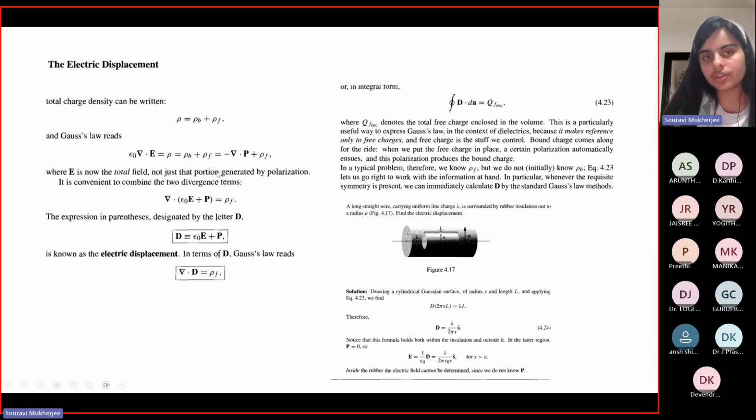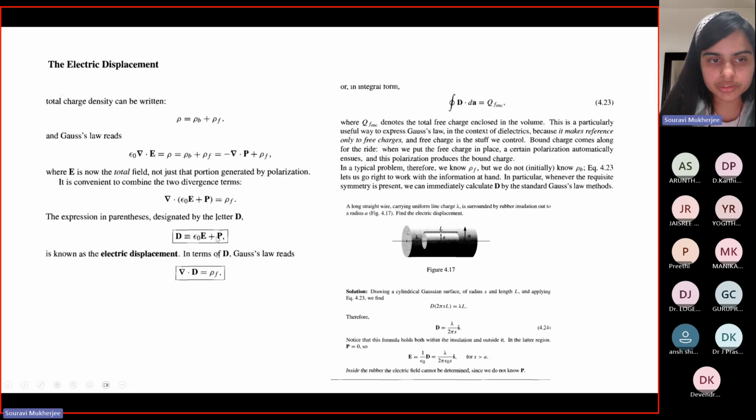These derivations will also be clearer in the coming slides, coming classes. But for now, what you can consider is that this bound charge is given as minus divergence of the polarization that your system has. And then you have the free charge. So you can combine these two terms, and what you get is a quantity like this.